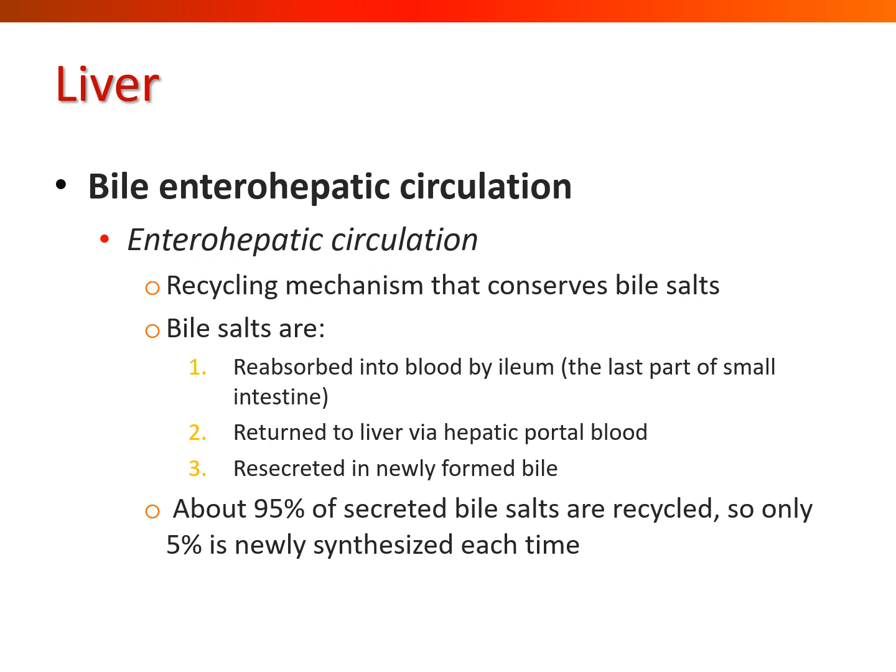Bile salts will enter into the duodenum and do fat emulsification, and then later be reabsorbed by the ileum, the last part of the small intestine, and then returned to the liver by way of the hepatic portal vein.